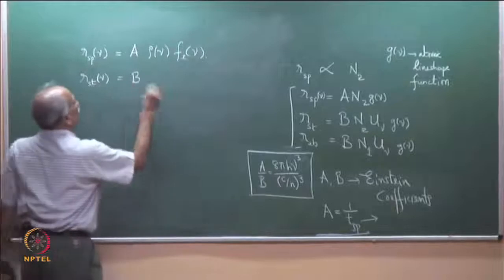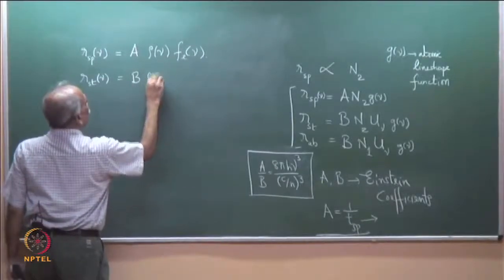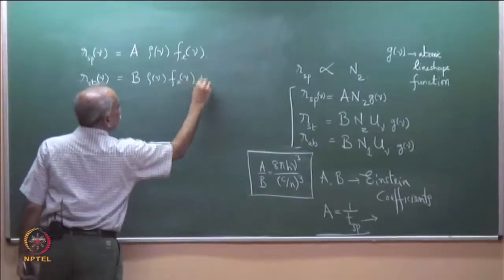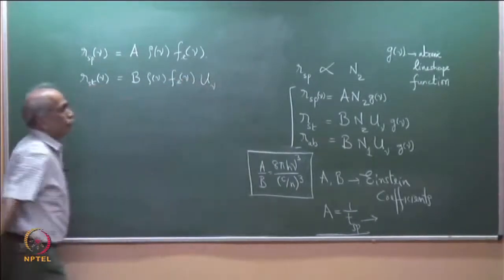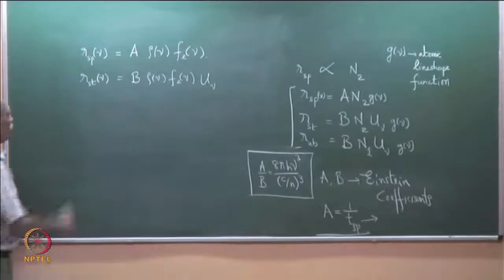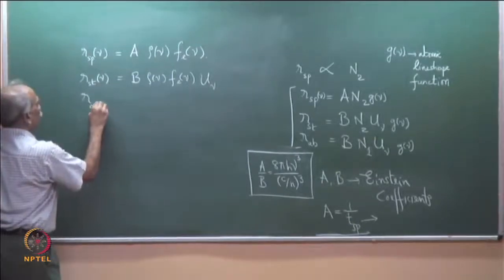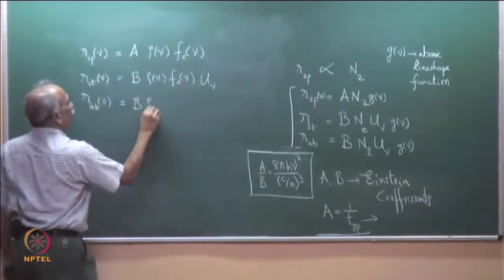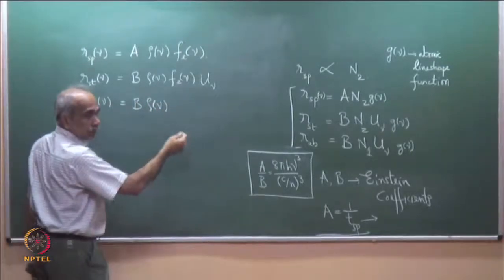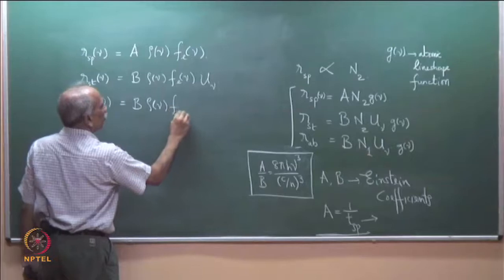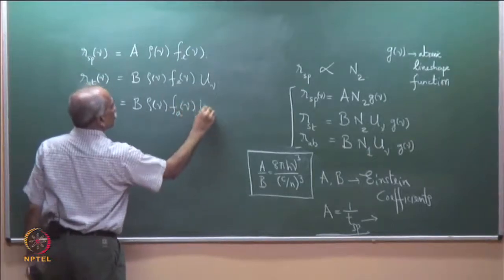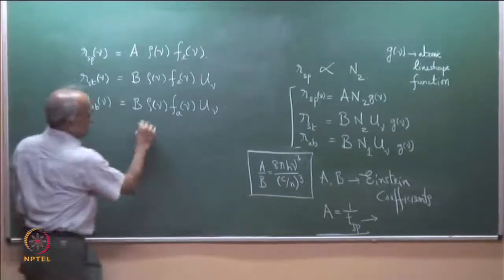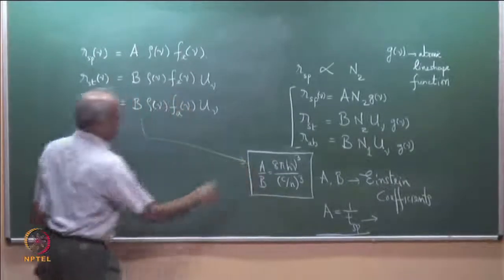So, B into rho of nu into Fe of nu into the energy density U of nu, and R absorption of nu is equal to B into rho of nu, and now F A of nu into U of nu. A and B have the same relation here.